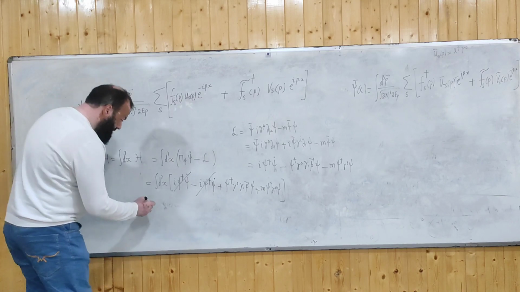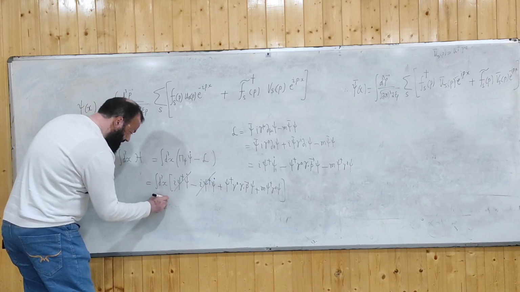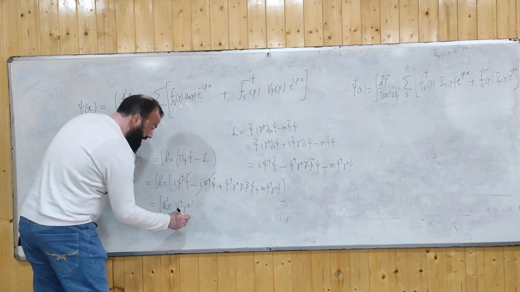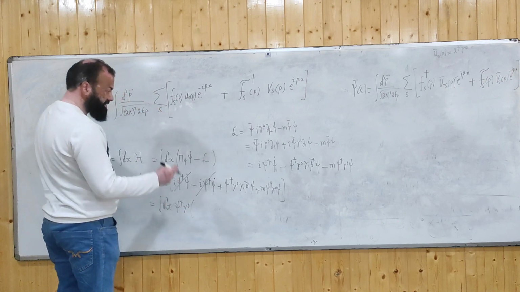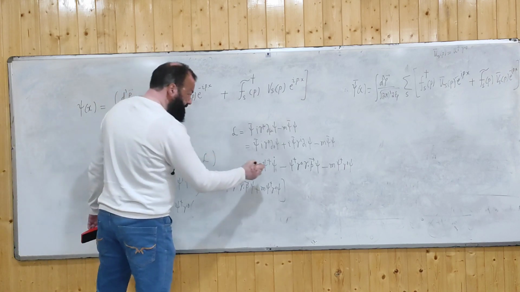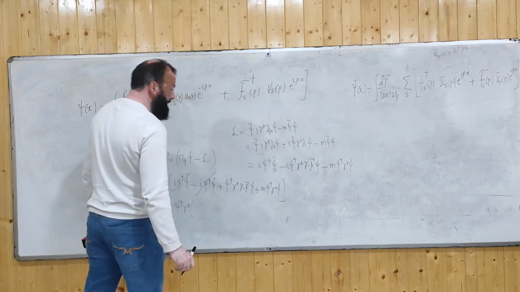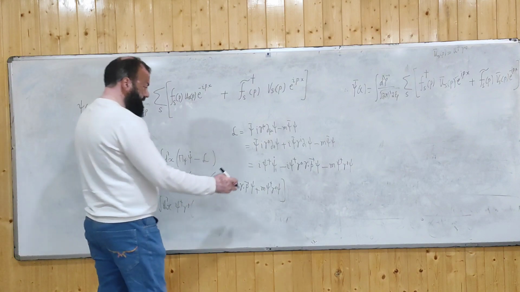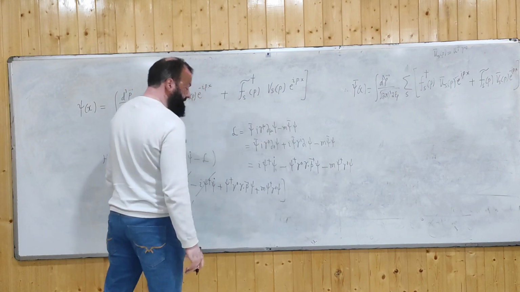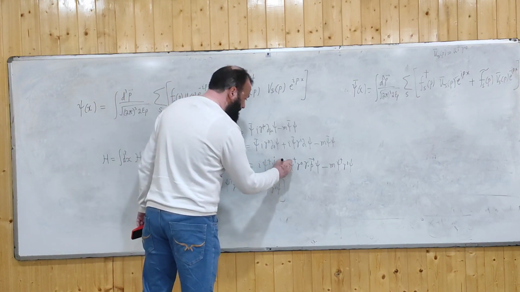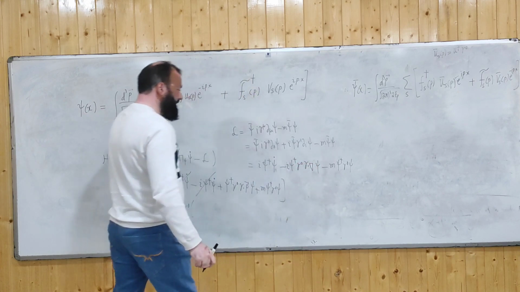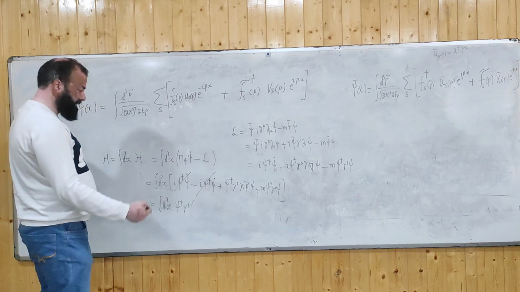So what you have is simply d3x, psi dagger gamma naught. There should be an i here. There is an i here. No, there is not. If I write an i here, it will be like this, gamma dot nabla.